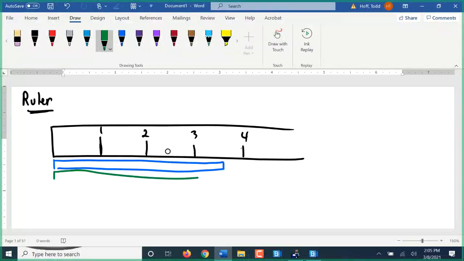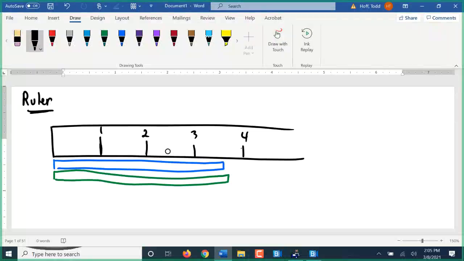I might have another piece like this green line. That green bar or green object would also measure 4 units on this device, on this ruler. Obviously, the green and the blue are not the same size, but this ruler is not capable of distinguishing between them.